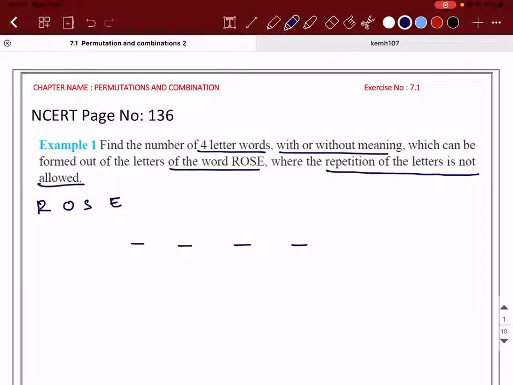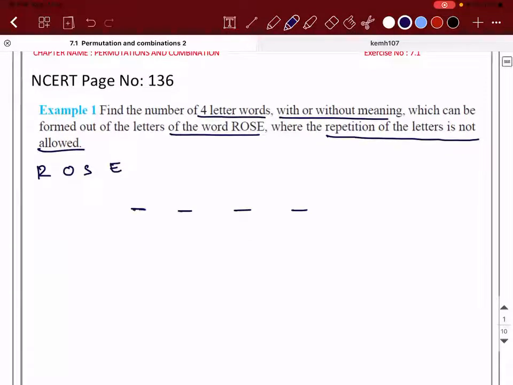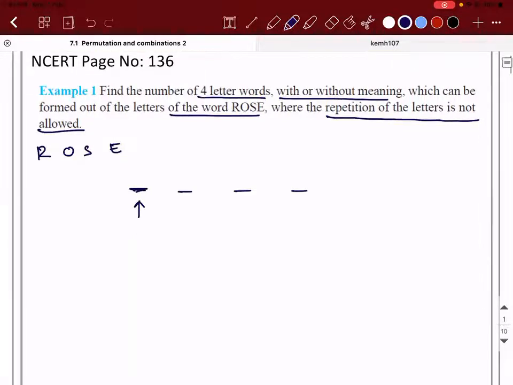Generally when you write any word, you start from left to right. So the first blank space, how many ways can it be filled? 4.